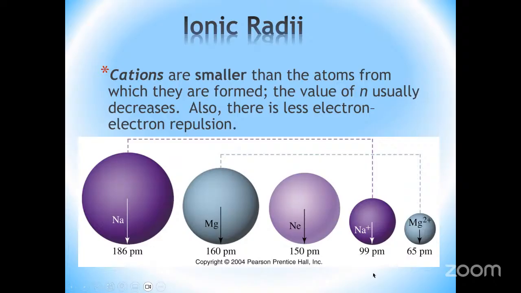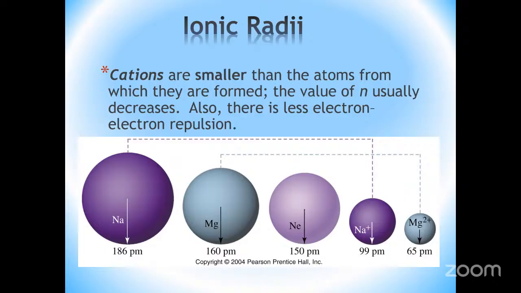You can also see that in the case of magnesium. The magnesium atom is 160 picometers, while the magnesium ion is 65 picometers. So again, you see there's a drastic reduction in the size of the ion compared to the atom from which it's formed. I don't think there's any exception to this particular observation.